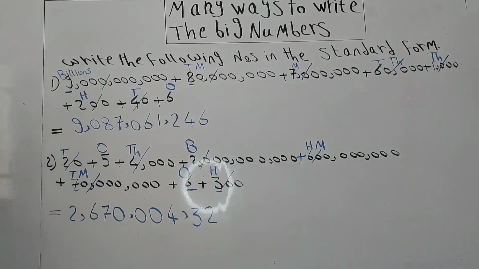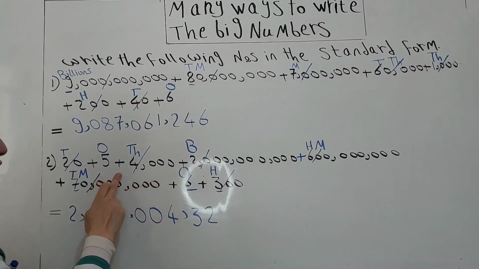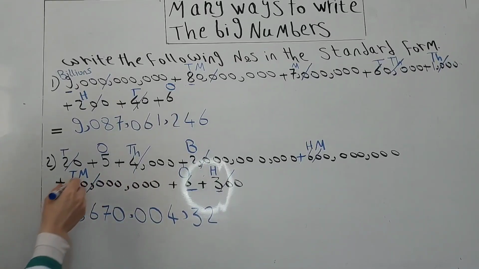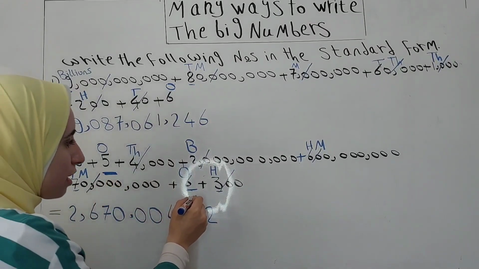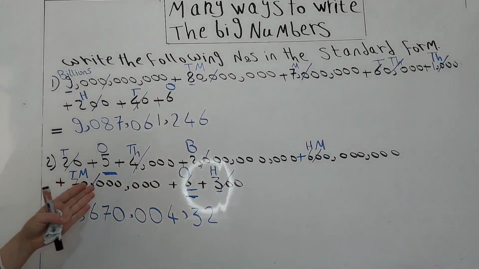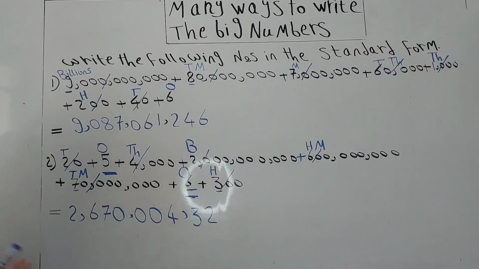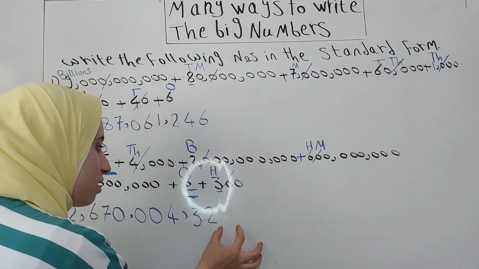The next and last place is ones. We found 2 digits, 5 and 6. We get the sum of them. 6 plus 5 equals 11. Now, can we write 11 in one place?